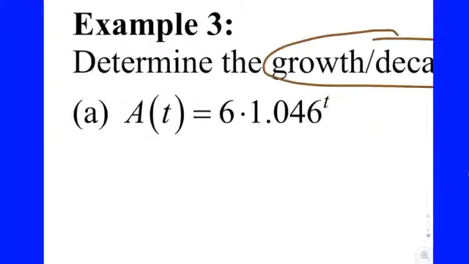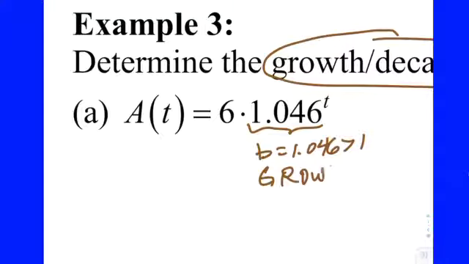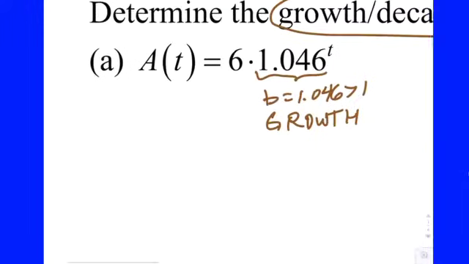It's growth. How do we know? What's bigger than 1? The base. The base is 1.046, which is bigger than 1, so this is growth. So that's your first task. Now, we want the growth rate and the growth factor, the GR and the GF.